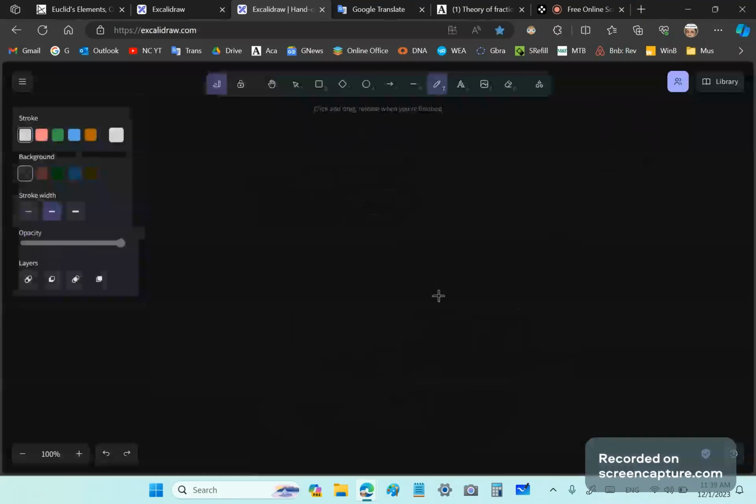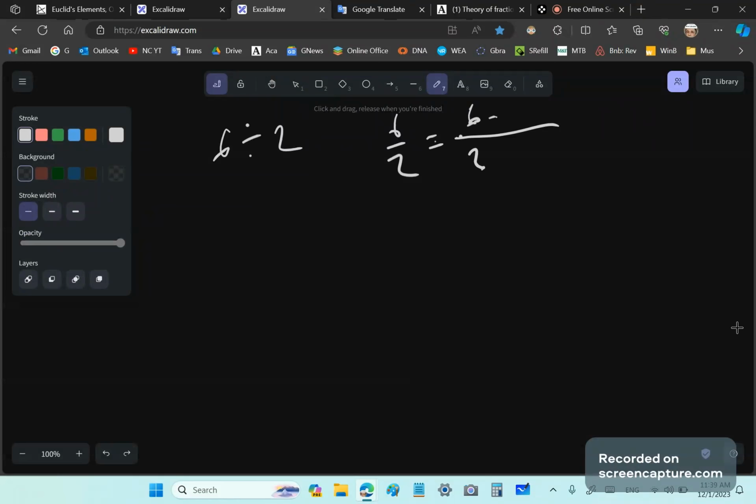Let's see. Say, for example, you have 6 divided by 2. You could write that as 6 over 2. Or if you wanted to simplify it, you would say minus 3 minus 1, and that would equal 3 over 1.